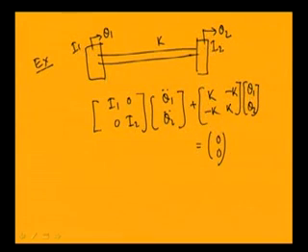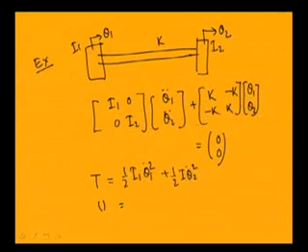This equation of motion you can find by using the Lagrange principle. In the Lagrange principle, the kinetic energy T is equal to half I1 theta 1 dot square plus half I2 theta 2 dot square, and the potential energy U, using the stiffness, is equal to half K into theta 1 minus theta 2 whole square.